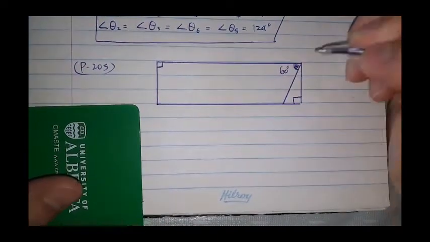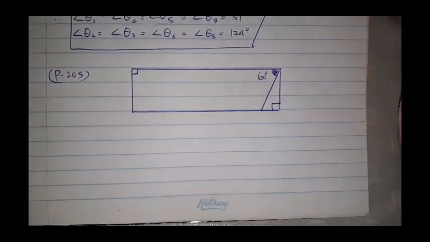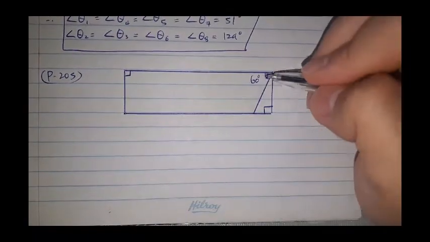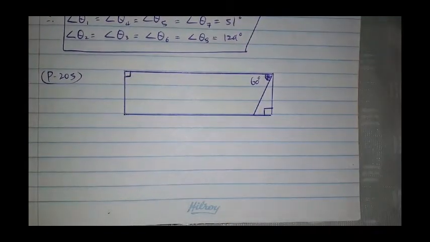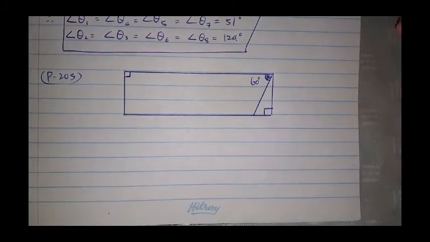As you may notice, I have a few clues given. The angles given here are 60 and 90, 90, 90 degrees, because it's a square and rectangle situation. So how can we know this relationship?